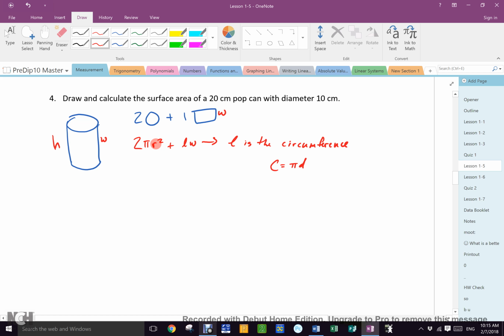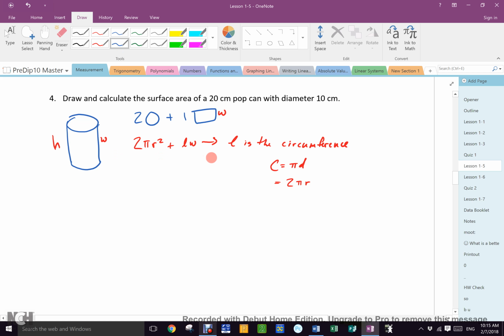So what is the relationship between r and d? 2 r's is a d, right? And since we're already using r, when the guys made up the formula for this, they made it 2 pi r's. Because they wanted to keep the r working with us. All right? So L is 2 pi r, and W is h.